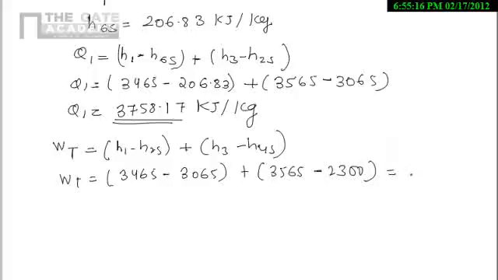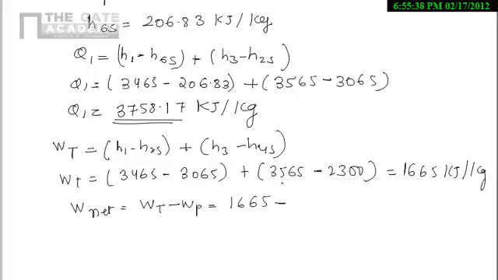So the net work done is coming 1665 kilojoule per kg. So we are having the turbine work, we are having the pump work, so we can calculate the net work done. That is nothing but WT minus WP. So 1665, and WP is nothing but 15 kilojoule per kg. So it is coming 1650 kilojoule per kg. That is the net work.